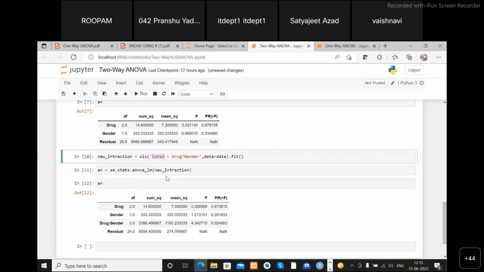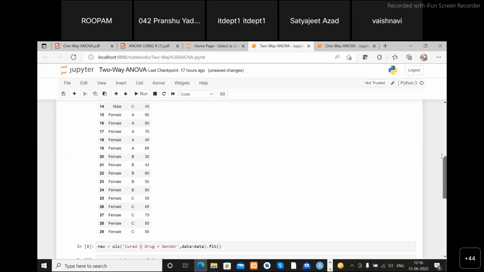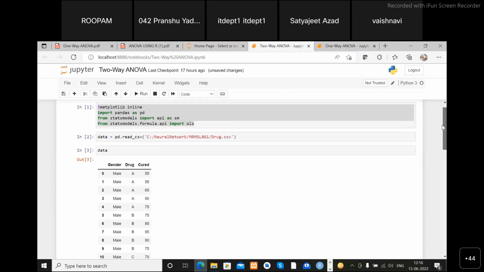So you can design one-way ANOVA and two-way ANOVA in this fashion. I'll share this Python programming with you so that you can have a look at how you can design one-way and two-way ANOVA by simply running a simple command.